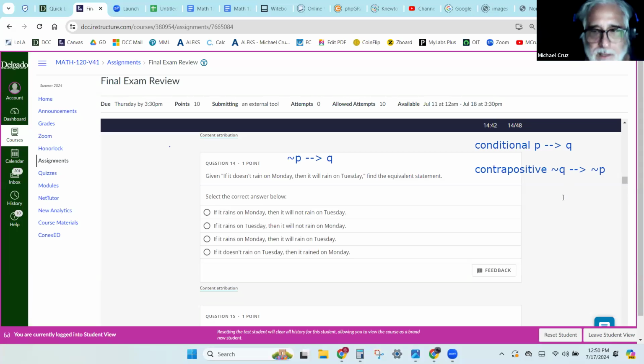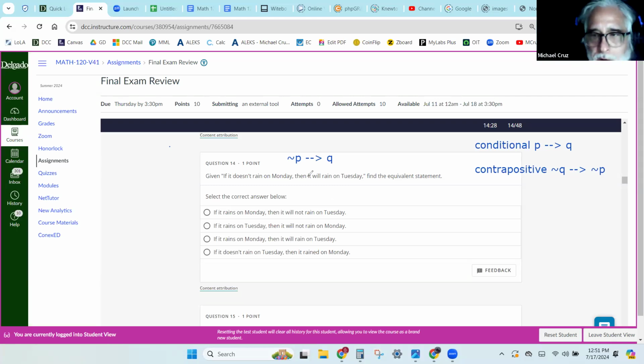All right. So that's the most likely one. Let's just see if we take this one and turn it around and negate it, because that's all that is when you're going from conditional to contrapositive. You're swapping around and then you're negating.